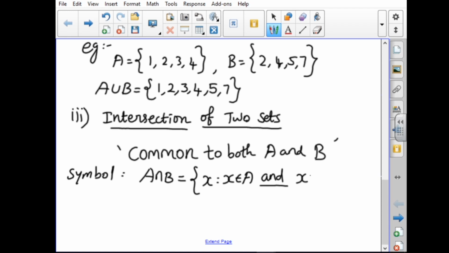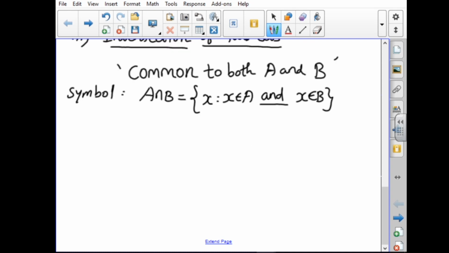So X belongs to B. This is the intersection.